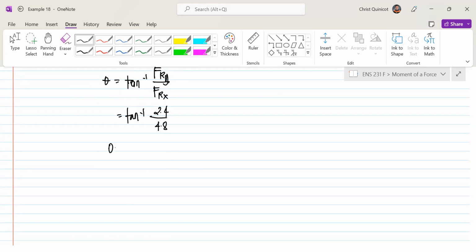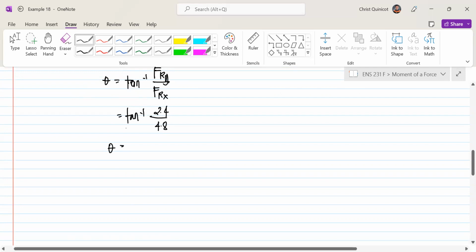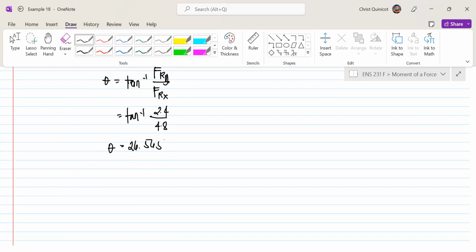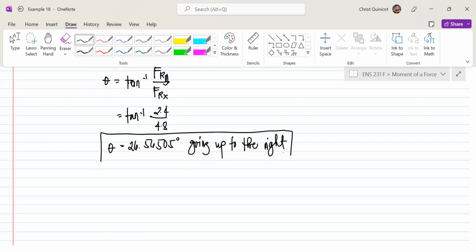The inverse tangent is 26.56505 degrees going up to the right.